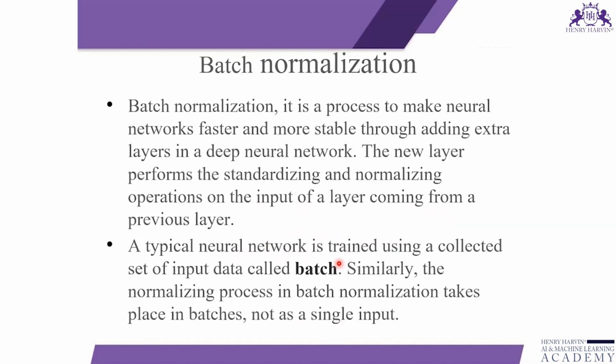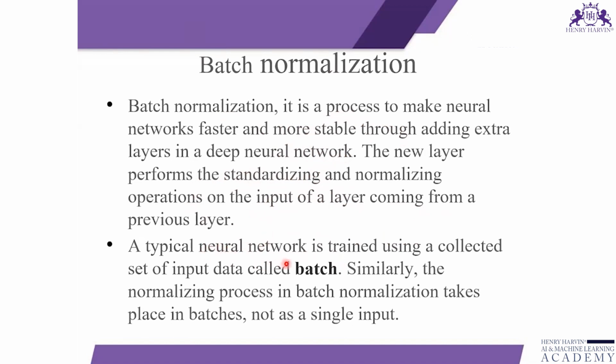Batch normalization is a process to make neural networks faster and more stable by adding extra layers in a deep neural network. The new layer performs standardizing and normalizing operations on the input of a layer coming from a previous layer. Hope this is clear to you.